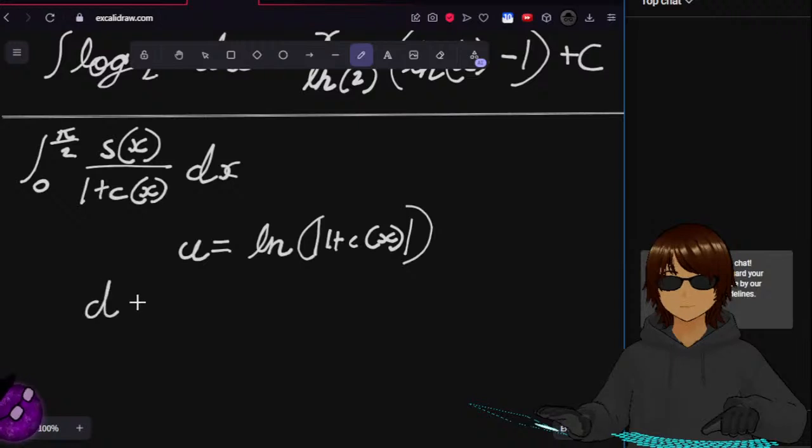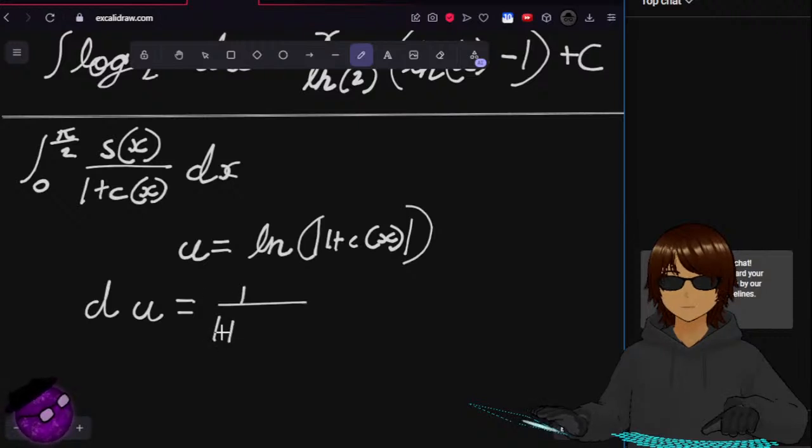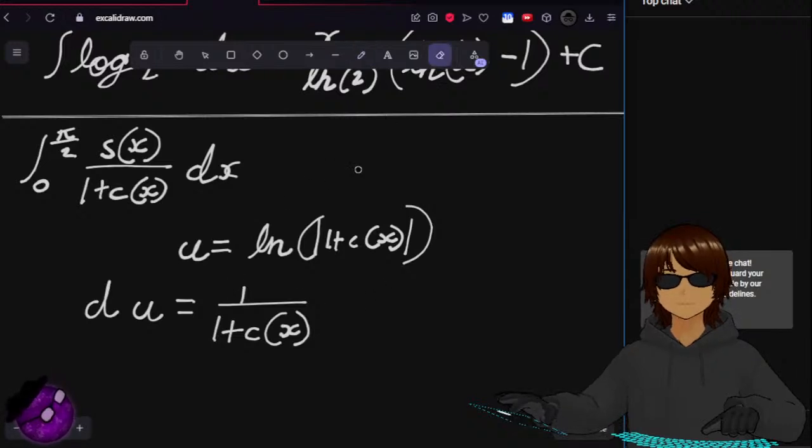Then du is 1 over this, and the derivative of this is minus sine x.